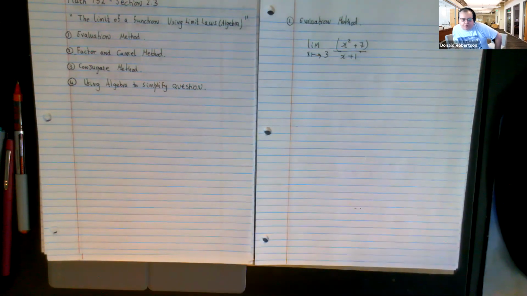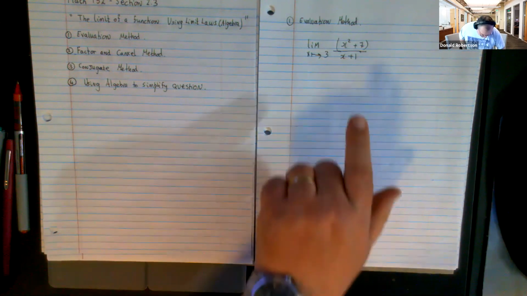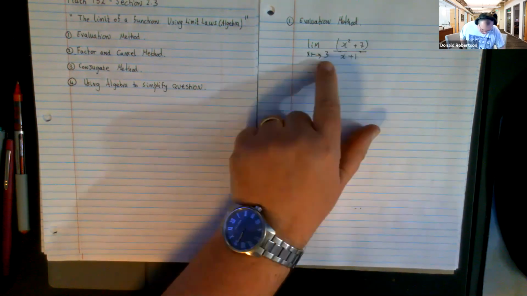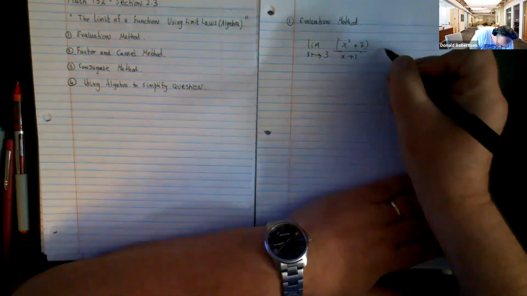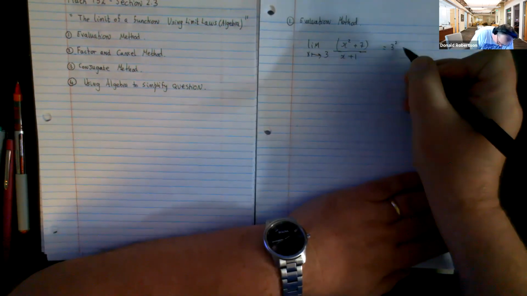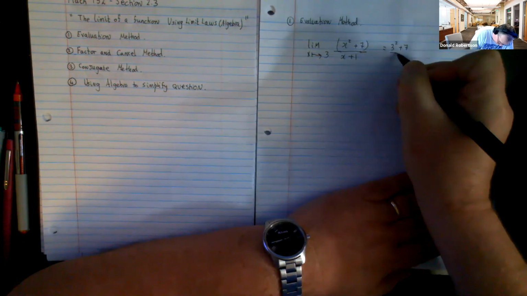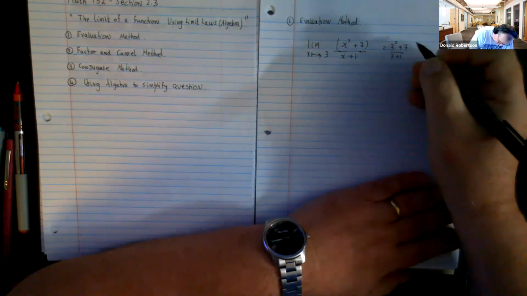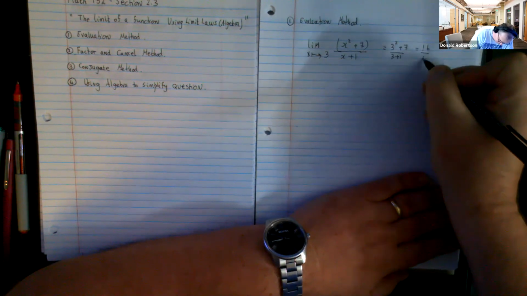Well, the laws of limits say if you can evaluate this expression at 3, then that's what the limit will be. So it's almost silly in a way. But 9 add 7 is 16. 3 add 1 is 4. There's your answer.